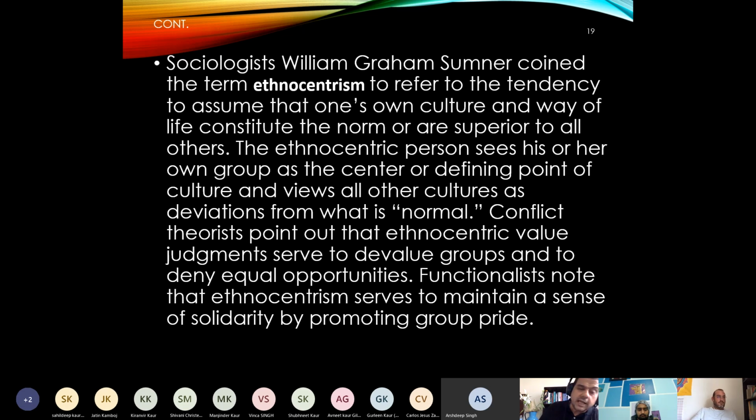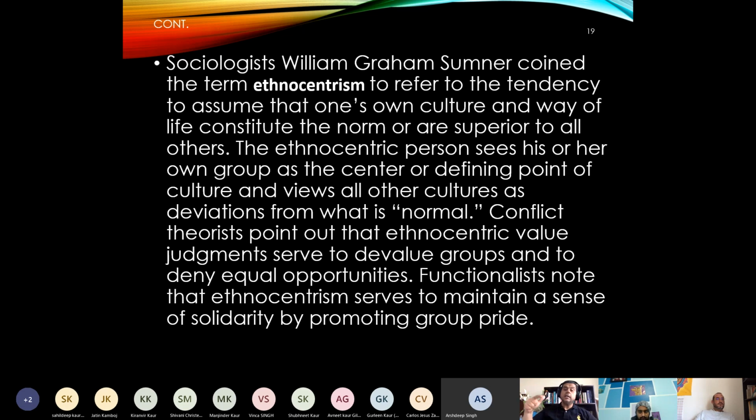What is very nice about this slide is that it connects ethnocentrism with the comparison between functionalism and conflict theory that we were talking about a while ago. The conflict theory says that ethnocentrism could be employed by the upper class, by the capitalists, the owners of the means of production, in convincing the majority of people in the society not to give economic rights to the people who deserve them. So they say, because they belong to a different ethnicity or race, they don't deserve the same equal rights.